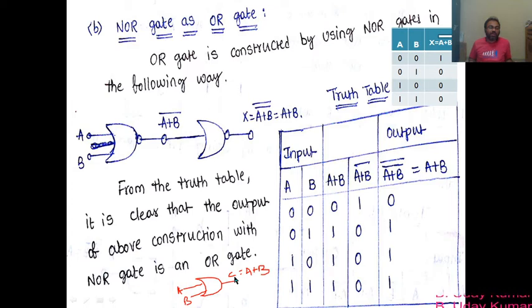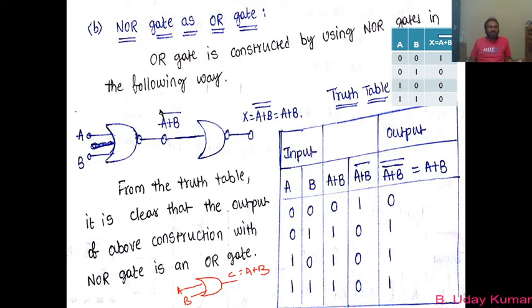But anyway, here we are not concentrating on the OR gate only. Here our aim is to use the NOR gates to construct the OR gate. So how can we use the NOR gates to construct the OR gate?